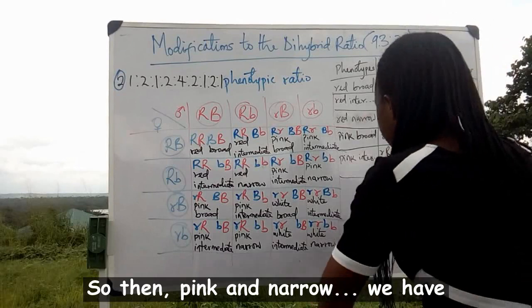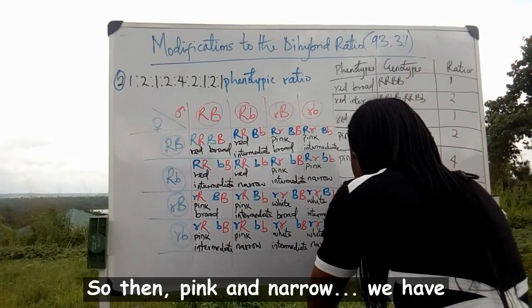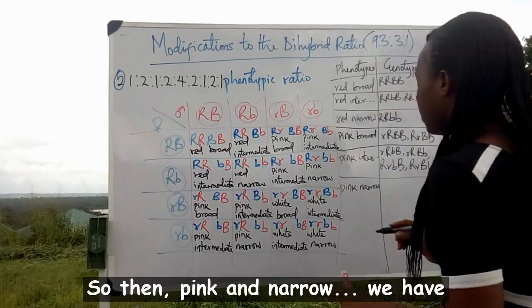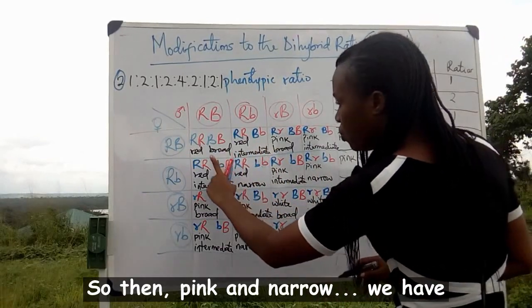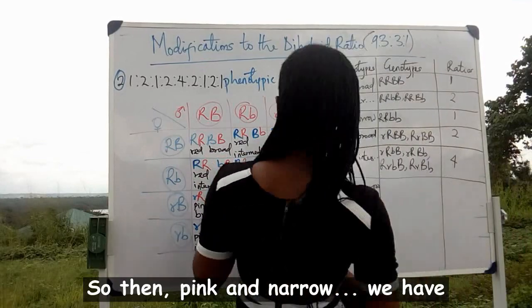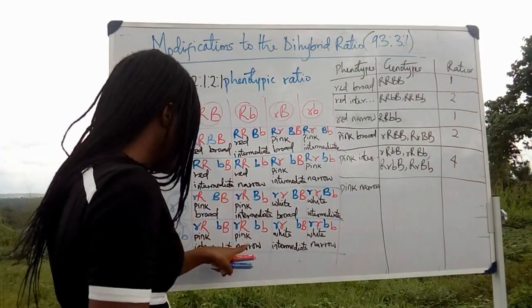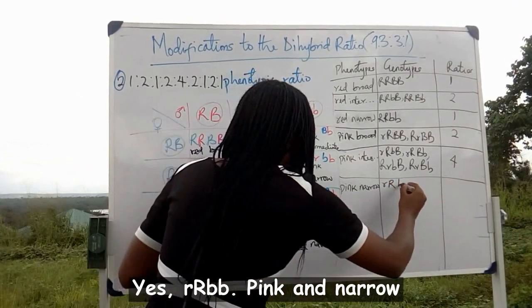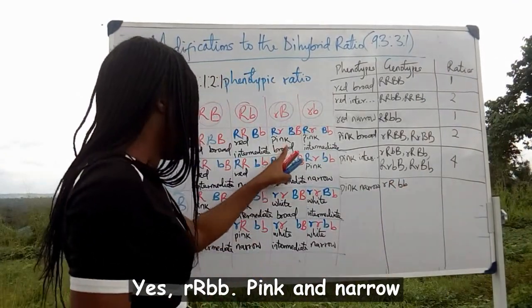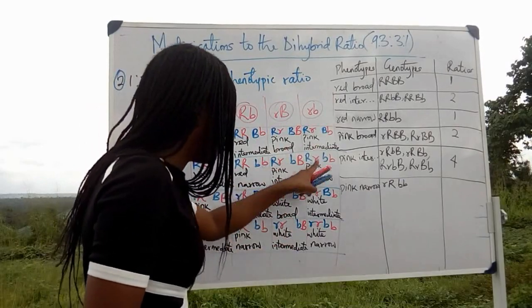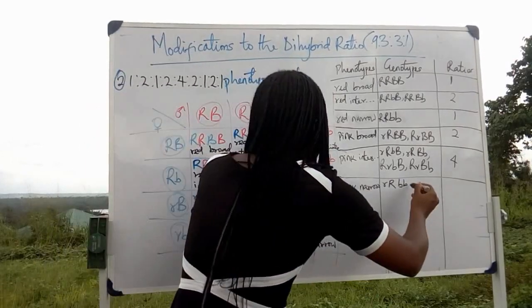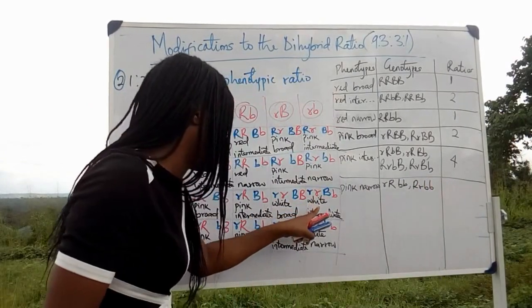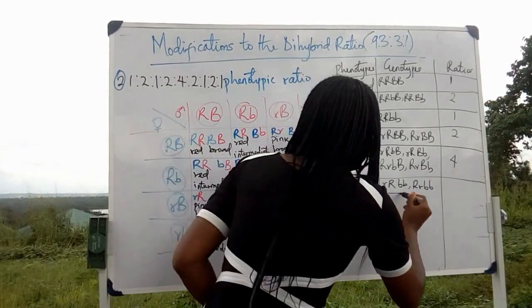So then pink and narrow. Here. Yes. Small r, big R, small b, small b. Pink and narrow. Yes, we have another. Big R, small b, small b. Pink and narrow, that's it for pink and narrow.